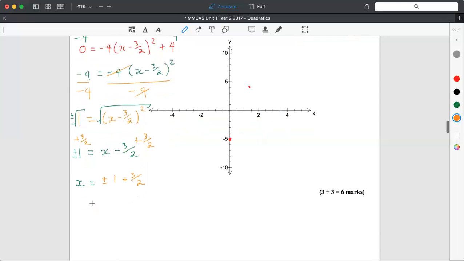Now that's two solutions, and when I say solutions, I mean x-intercepts. The first solution is plus 1 plus 3/2. So let's do that one.